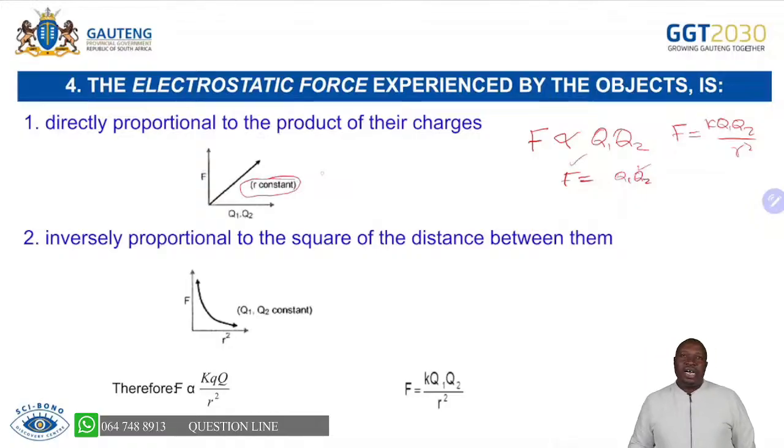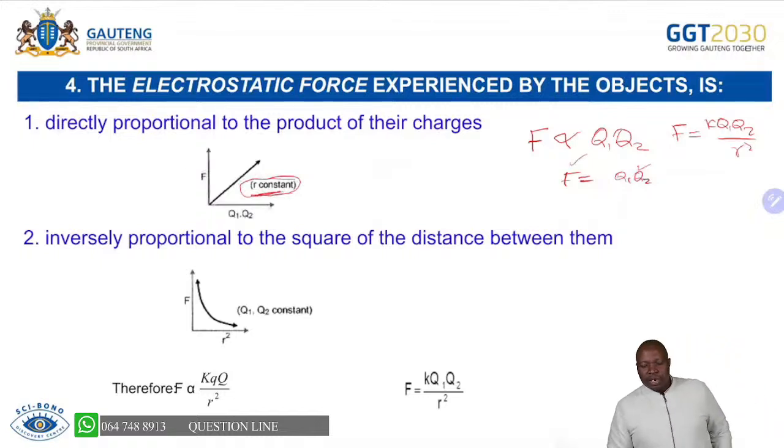Don't forget, provided that R remains constant, which is the distance between the charges. As the charges come closer to one another, it will also affect the force. Hence, we let R be constant, so that we can look at the relationship between the force and the charges.